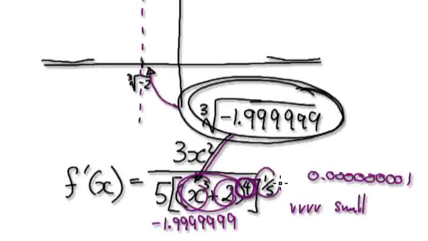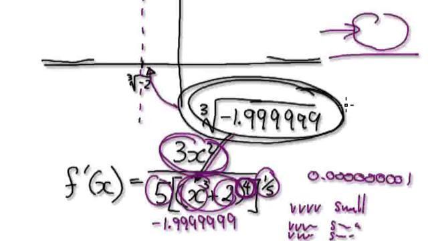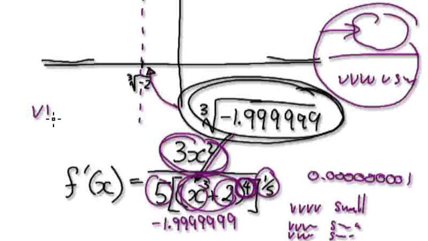When you take the 5th root, it will be a very, very small number. And then when you times 5, it will be a very, very small number. And then here you've got a definite number, whatever it is, divided by a very, very small number. So overall, it will be a very, very big number. Very, very big is pretty much infinity.